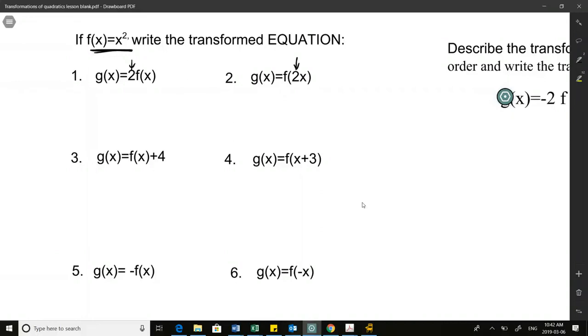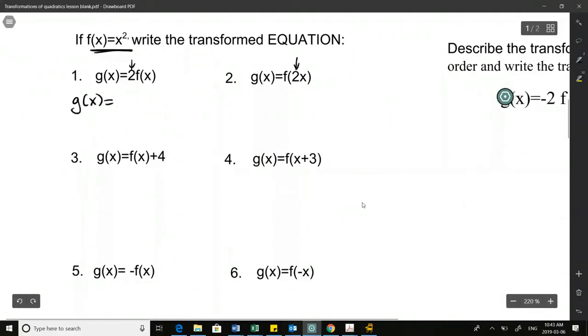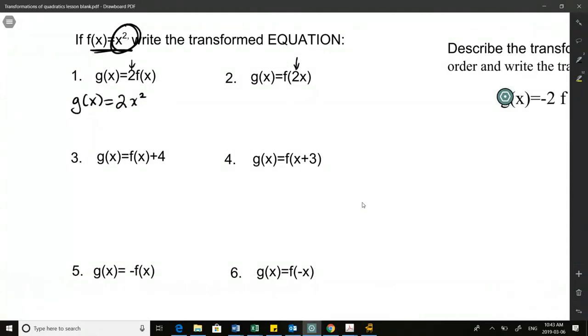A, K, D, C? It's an A, it's outside, it's not in the brackets. So our final function, when I combine this with my parent function of x squared, will just look like 2x squared. So that would be the actual transformed equation.